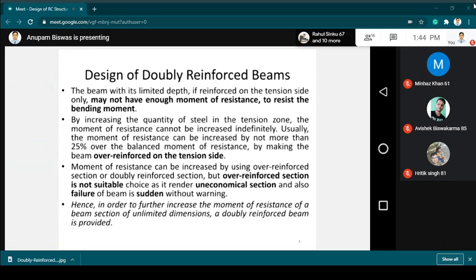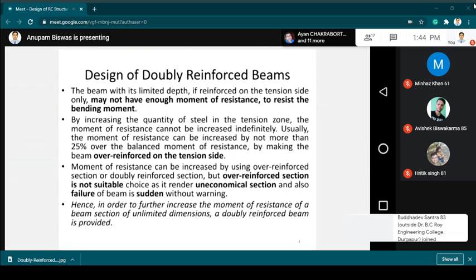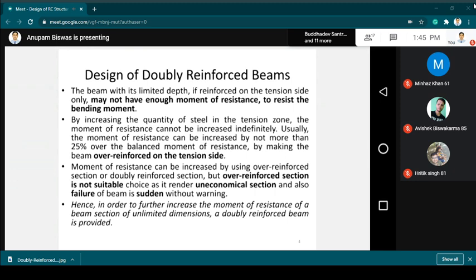By introducing this concept of reinforcement, we can increase our resistance without increasing the depth, and this is how we can fulfill the purpose. All the conditions are fulfilled. So the doubly reinforced beam is utilized for all major work to be done with the beam.